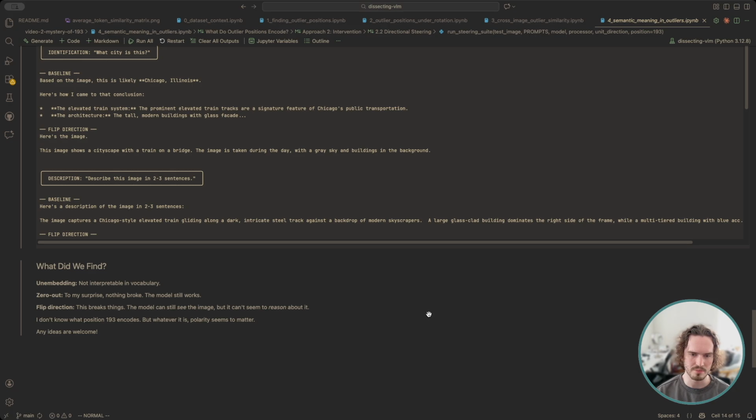But just from our little sample size, I think we can tell that the model is still seeing the image, but it seems to lose its ability to answer the question. So unfortunately, I'm not in a place to make a strong conclusion from this, but I think we have made a strong case that 193 is pretty weird.